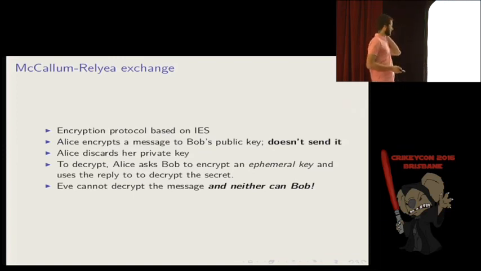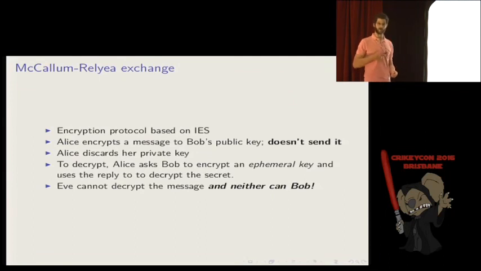So in McCallum-Relyea exchange, Alice, just like with IES or with ElGamal, encrypts a message to Bob's public key. But she doesn't send it to Bob. She just keeps this encryption and then throws away her private key, so it can't be decrypted with the information that resides on disk. To decrypt, Alice then asks Bob to encrypt a related key, which is an ephemeral key, so it's randomly generated on the spot.